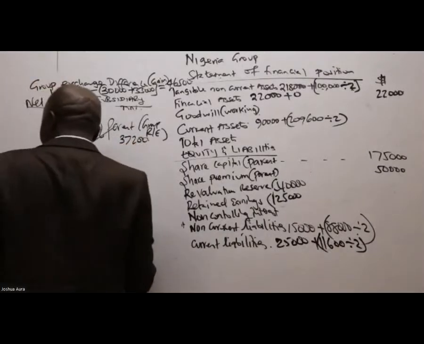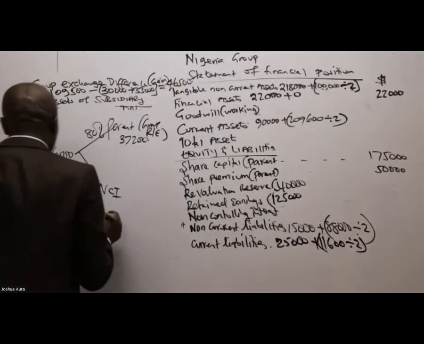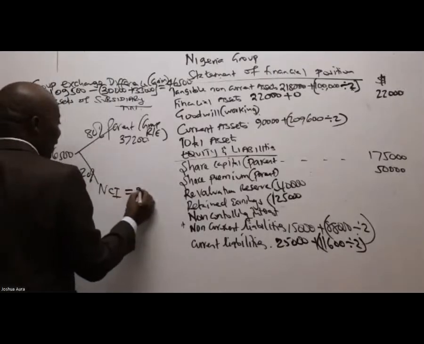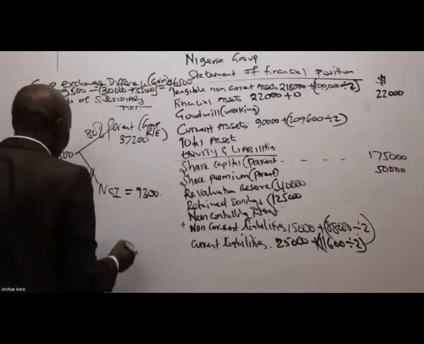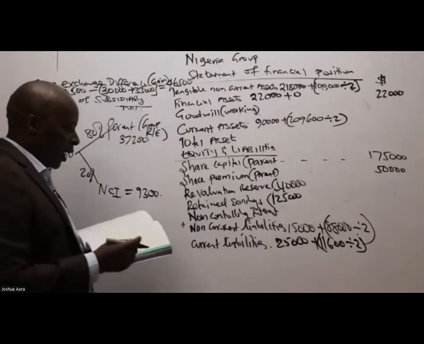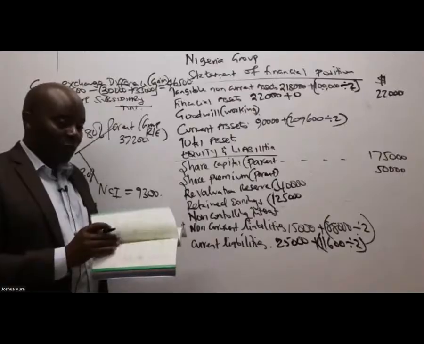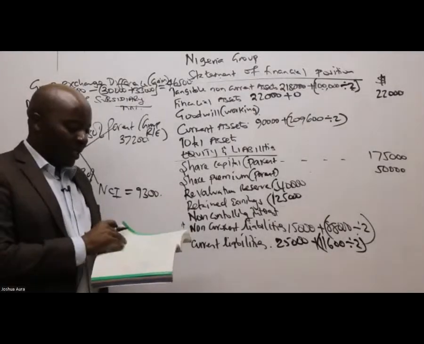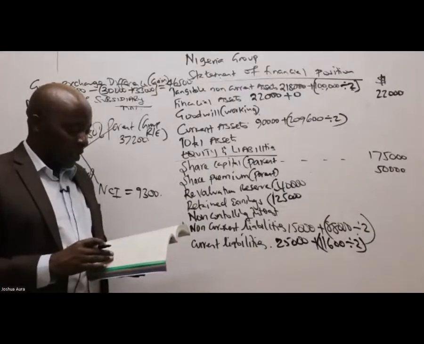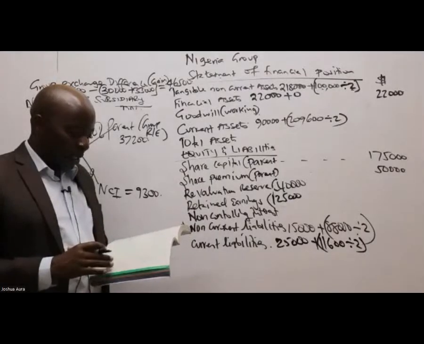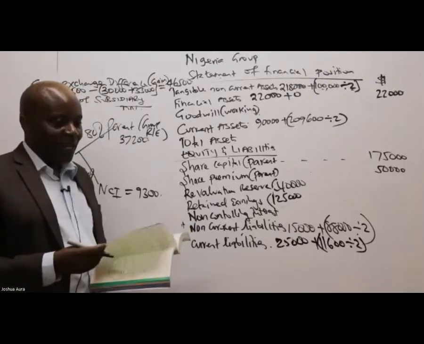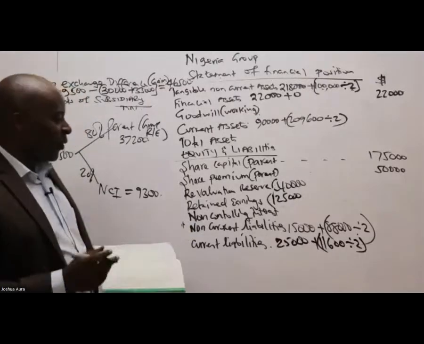And then we have NCI, which is 20% of this. So NCI, I'm being told, is 9,300.